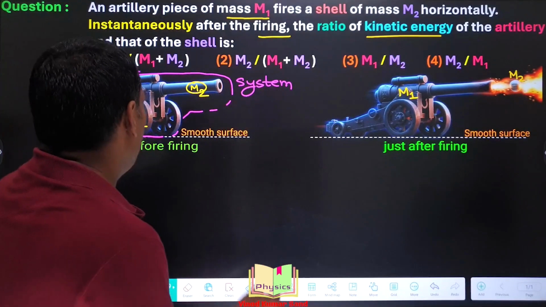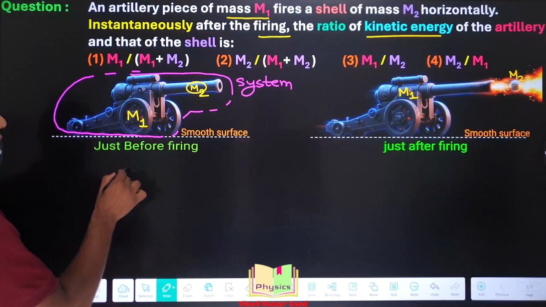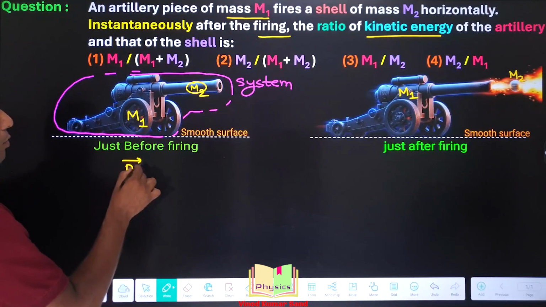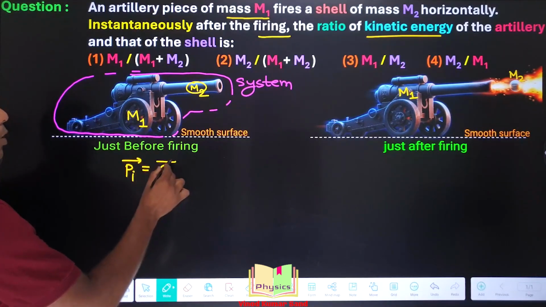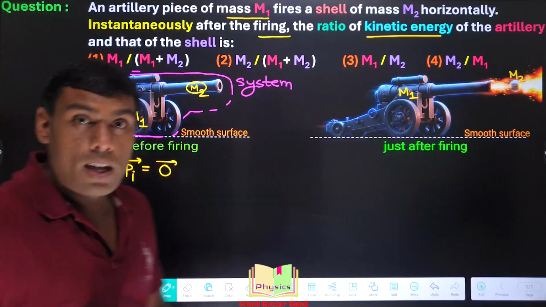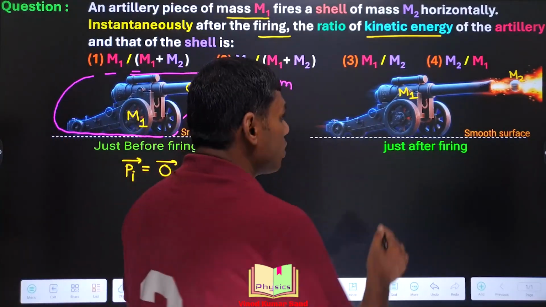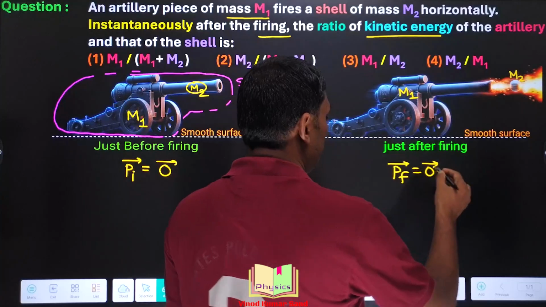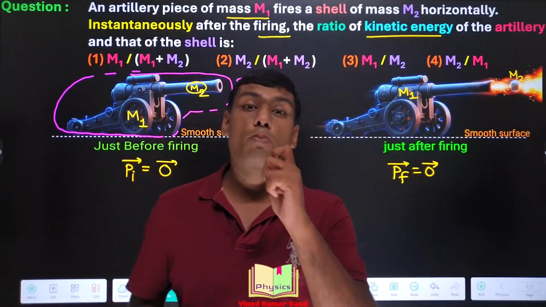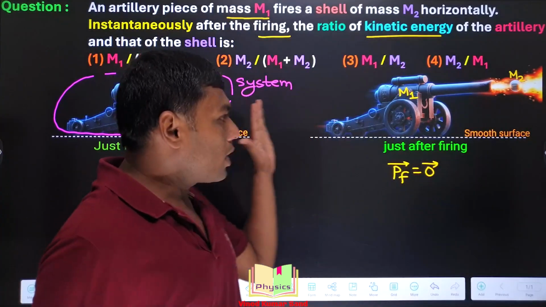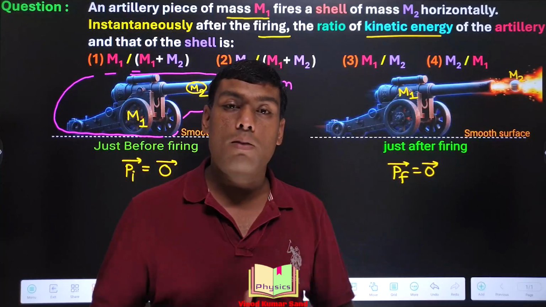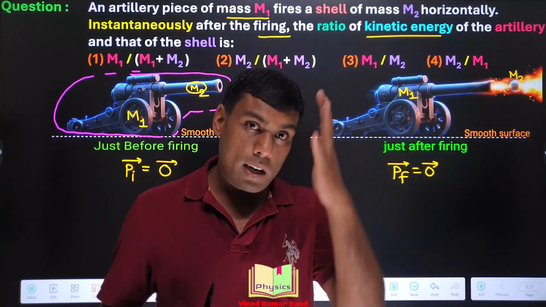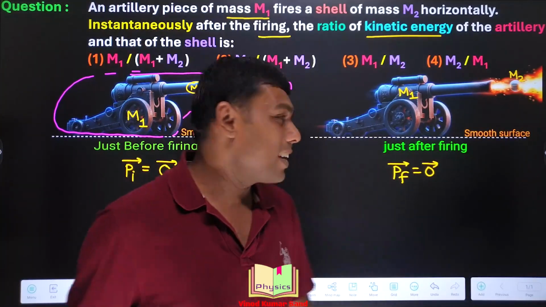Now, when we check just before firing, the initial linear momentum of the system is 0 because everything was at rest. By the principle of conservation of linear momentum, just after firing, the linear momentum of the system must be 0. There is no external horizontal force on the system, so the linear momentum remains conserved.